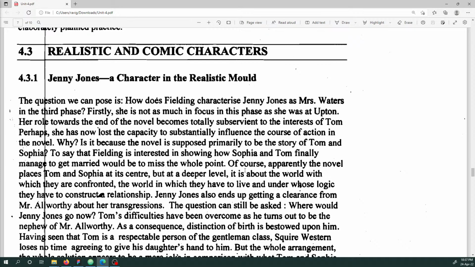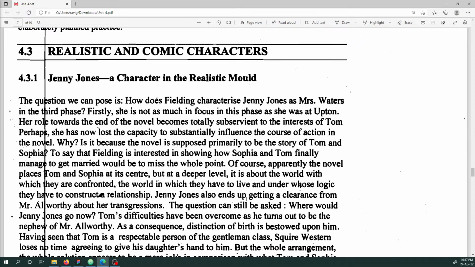Of course, apparently the novel places Tom and Sophia at its center, but at a deeper level, it is about the world with which they are confronted, the world in which they have to live and under whose logic they have to construct a relationship.